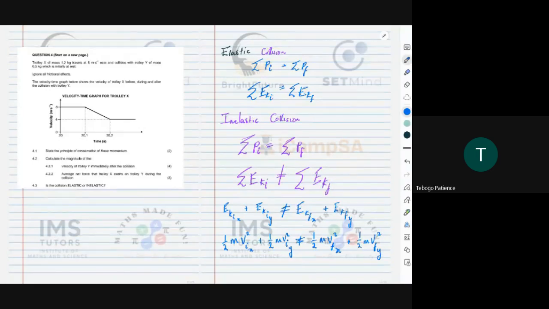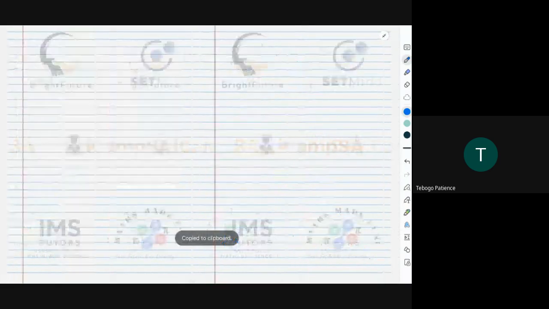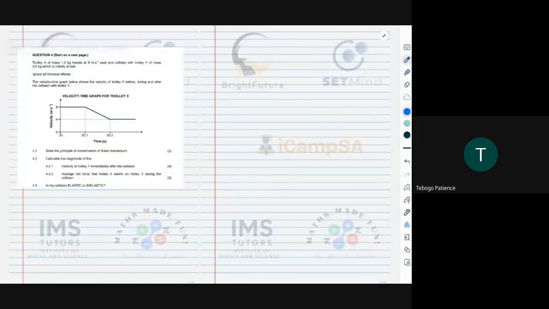Okay? Now, let's see. Let's put this side. So I'm going to have my 1 over 2 m v ix squared plus 1 over 2 m v iy squared must not equal 1 over 2 m v fx squared plus 1 over 2 m v fy squared.